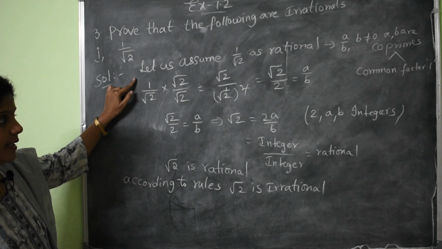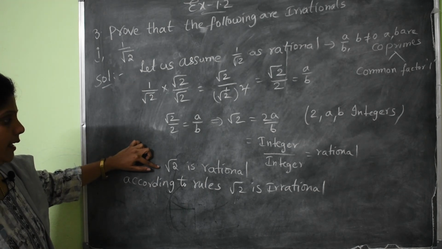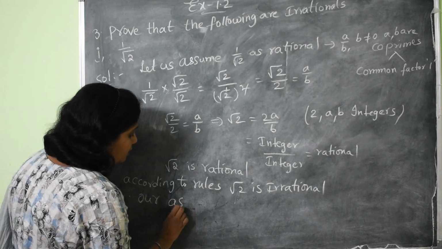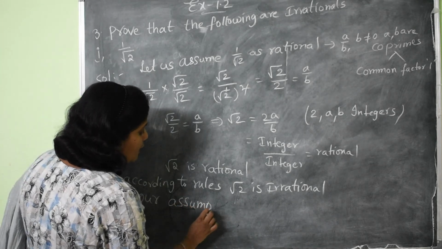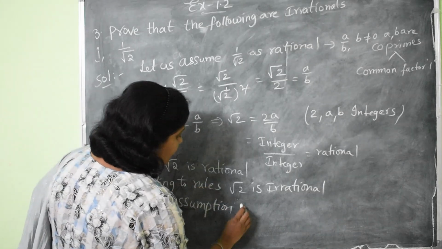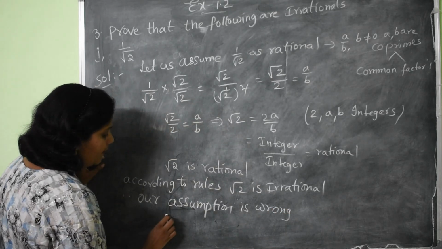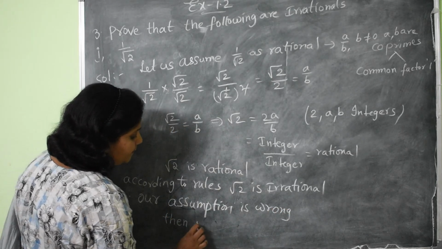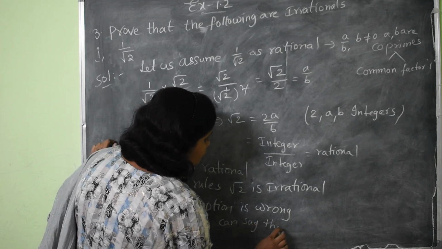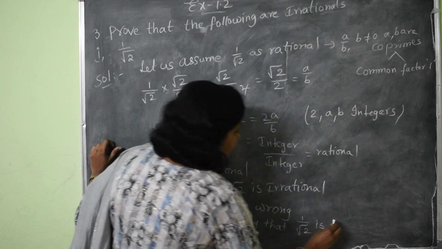We are taking the wrong assumption. That's why we got the wrong result, that is root 2 is rational. So, therefore our assumption is wrong. Because our assumption is wrong, we got root 2 as rational. Our assumption is wrong. Then we can say that 1 by root 2 is irrational.